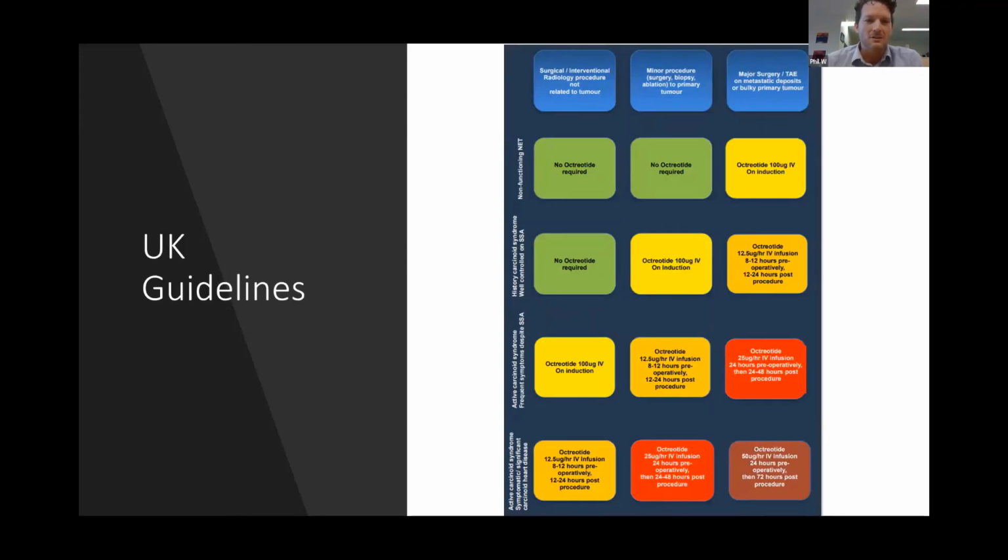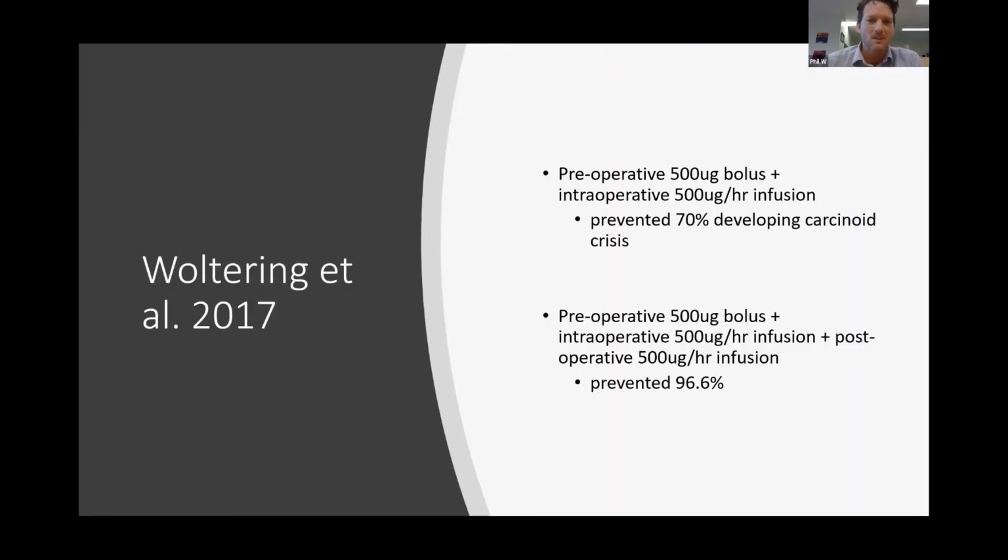And the UK have set up a treatment matrix based on the types of procedure and the patient and their control of their carcinoid syndrome. There is one retrospective study that provides some pretty good evidence that using pre-, intra- and post-operative somatostatin infusions for neuroendocrine tumour patients can certainly prevent the crisis.